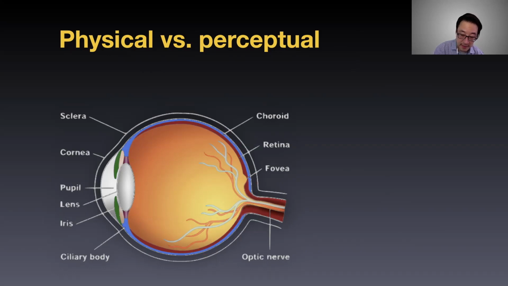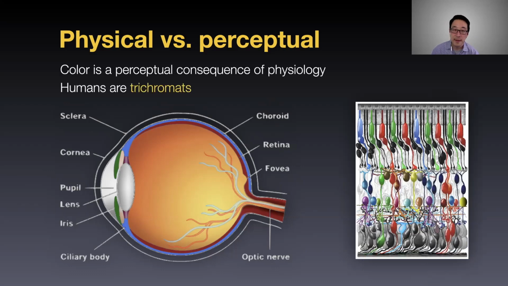The light comes in here, it gets focused by the lens of your eye, and then that light hits the back of your eye, the retina. But what's on the retina is a bunch of highly specialized cells that have evolved to sense different types of light.